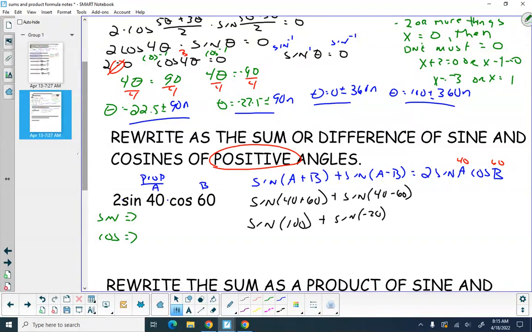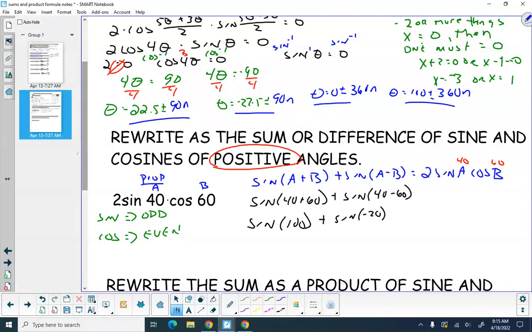When we dealt with our angle addition, we dealt with the odd and even. What was the sine? Sine was odd. Cosine was what? Even.